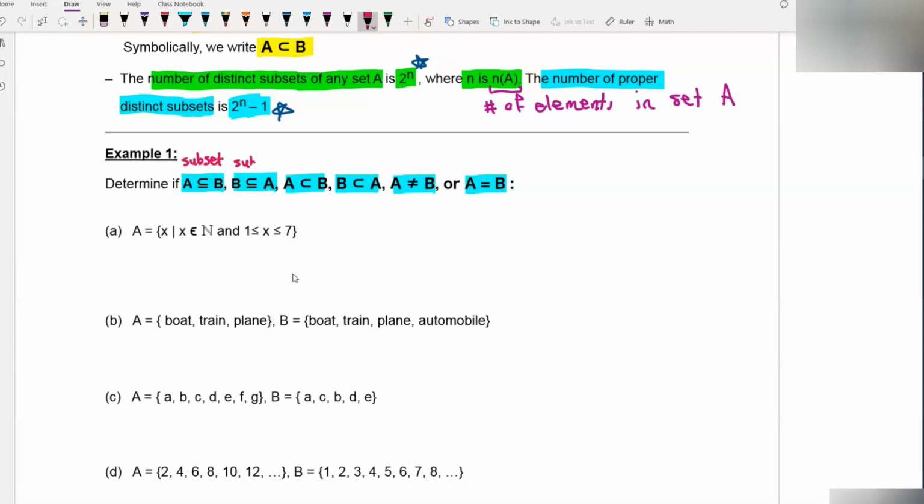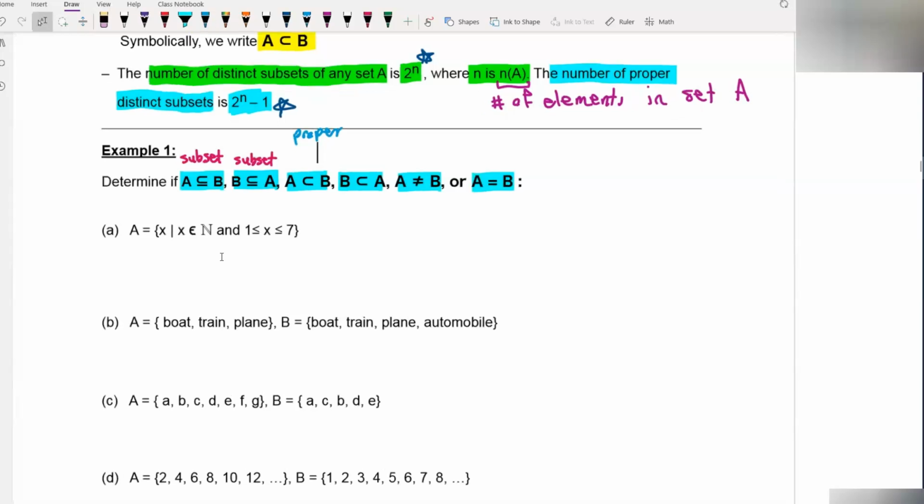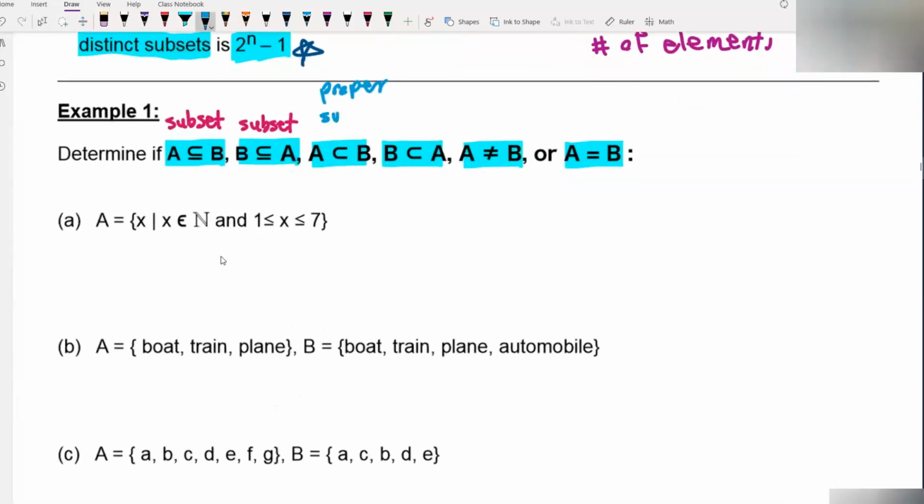Same thing for this one. Here is proper. Both of these, this is not equal to. And this is equal to.